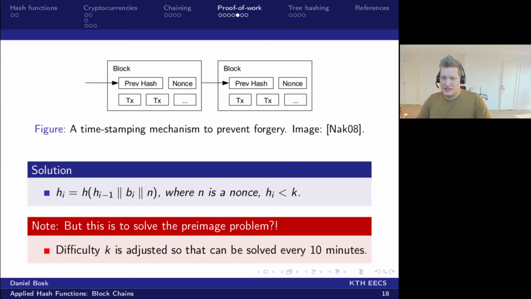So we have to adjust this k, and in Bitcoin's case, we adjust it so that one of these problems can be solved every 10 minutes. And this is adapted because the size of the network might change and be different. So different amounts of nodes participate in the network to solve these problems.